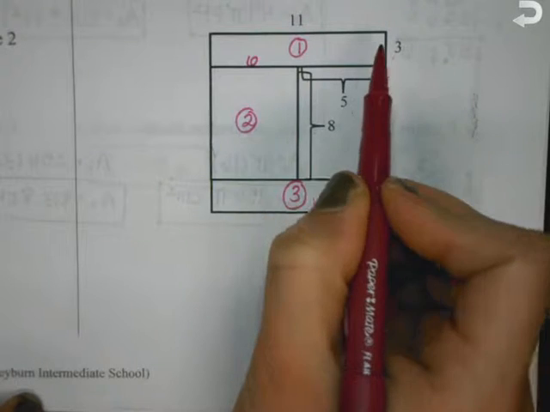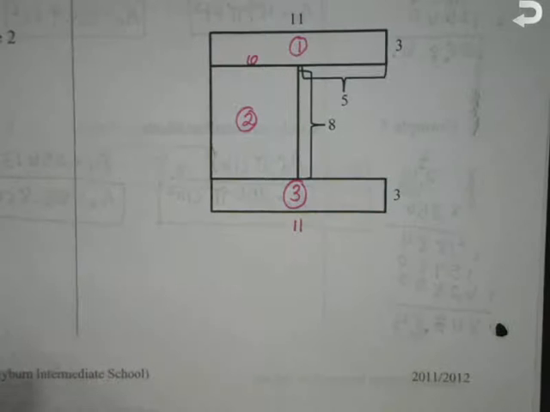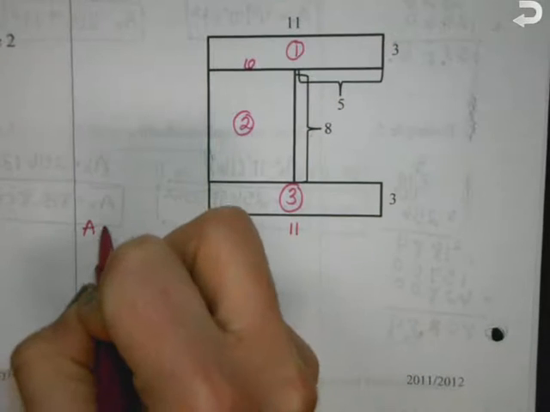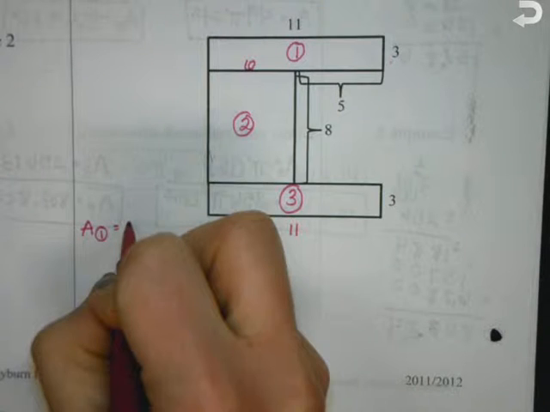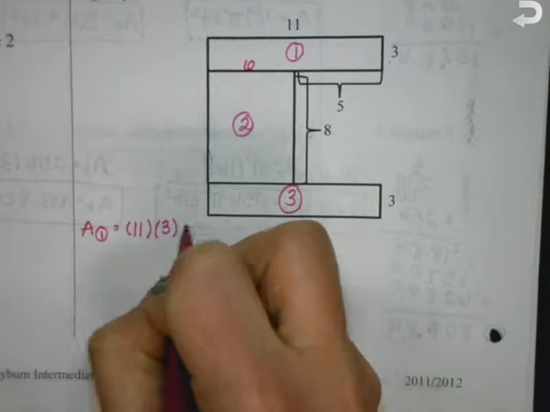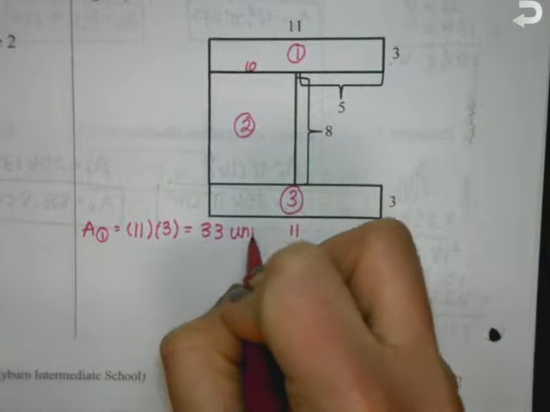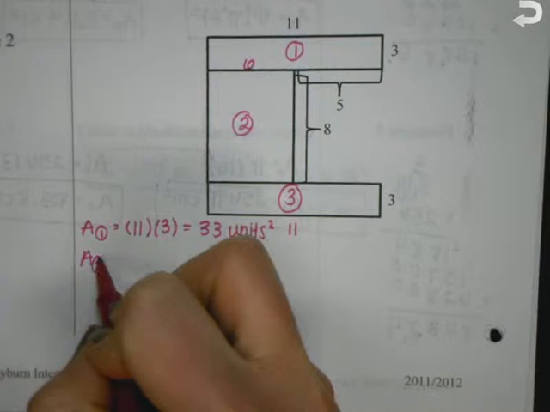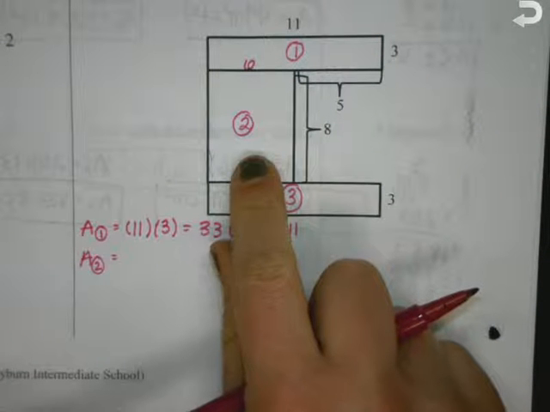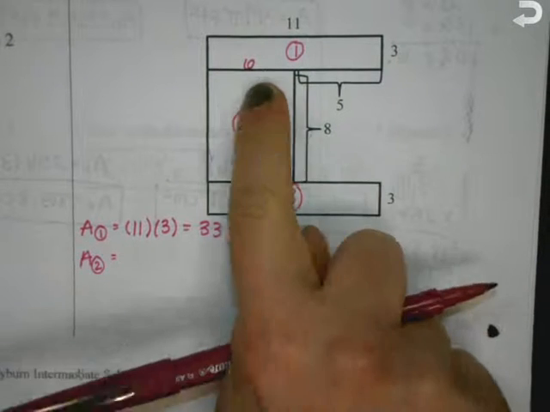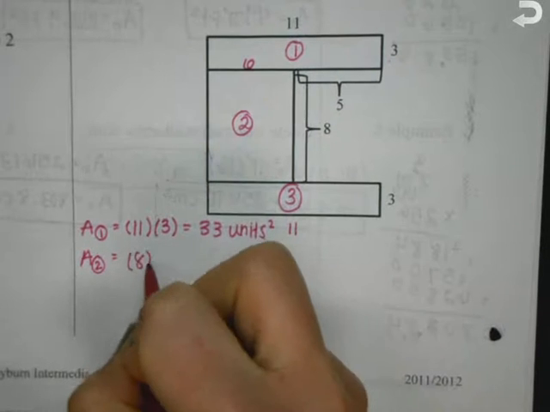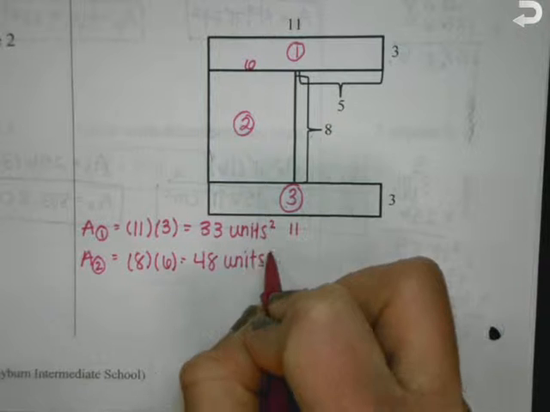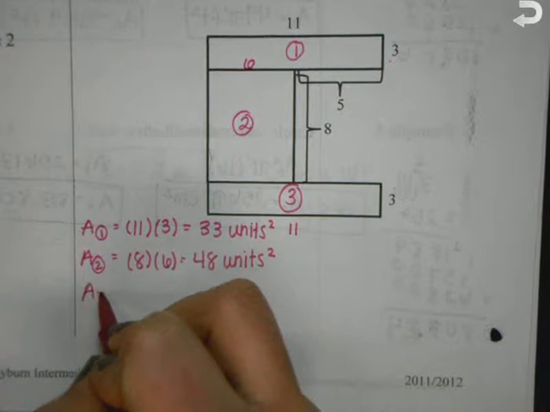So let's find the area of each one of those. Area of rectangle 1 is 11 times 3, which equals 33 units squared. Area of rectangle 2, 8 times 6, right? So 8 times 6, which is 48 units squared. And then area of rectangle 3 is 33 again, 11 times 3.